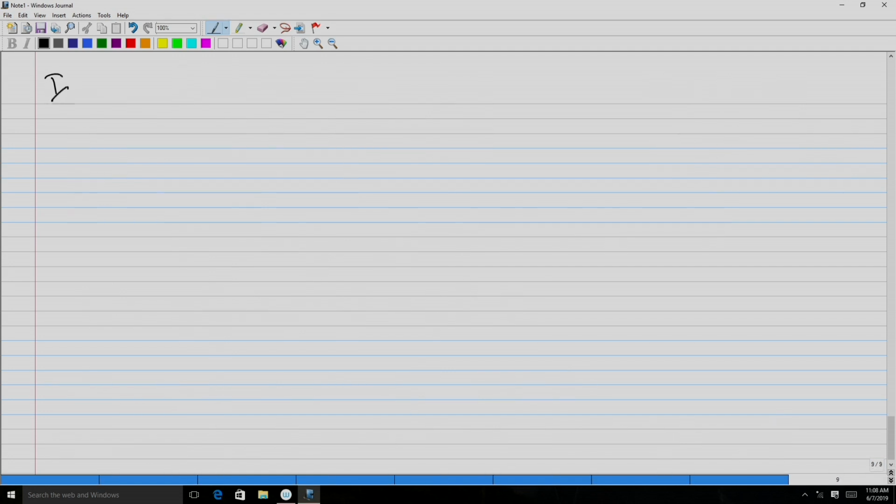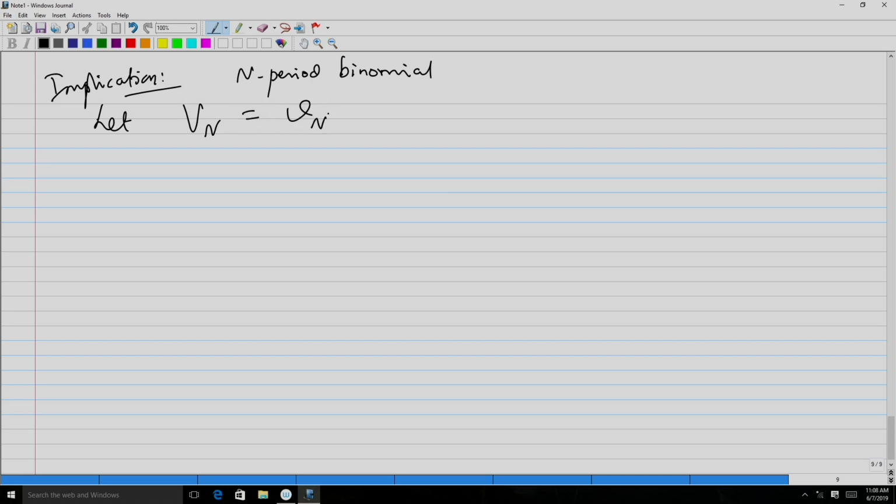Now, what is the implication, which is relevant for our discussion? We have this N period binomial model only in mind, okay. Now, in this case, suppose you take a random derivative V_N, which is some function of S_N, right.